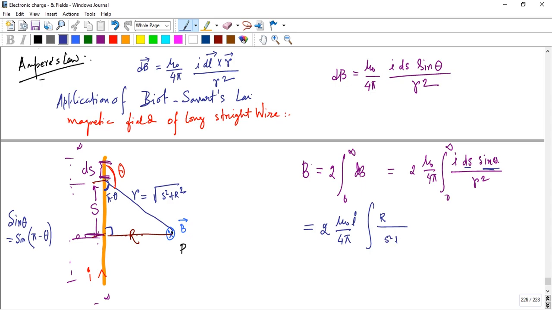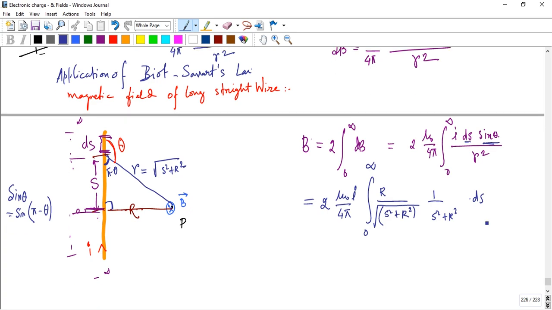So a square plus capital R square, here is the root. That is the sine theta. We get sine theta, limit 0 to infinity, and 1 over r square, and r square means a square plus R square from the Pythagoras theorem, we know that, and here is the ds.